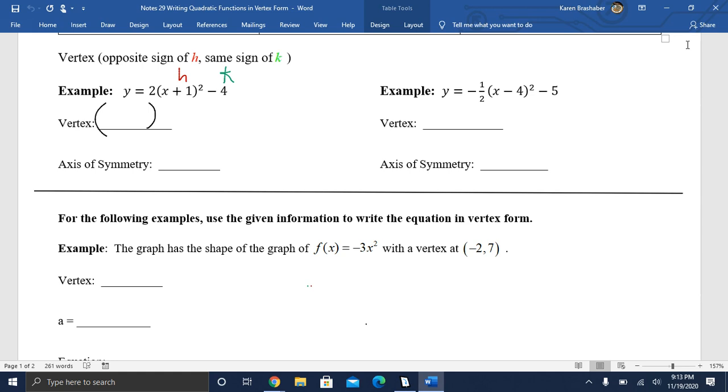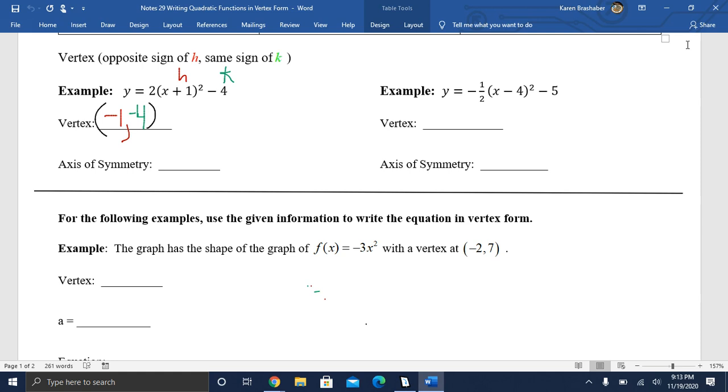So you remember that on your h, you use the opposite sign. So I see a positive 1 in the parentheses. I'll make my h value -1. So my vertex is going to be -1, comma, and then my k value is going to be the sign that I have at the end of the problem. So -4.